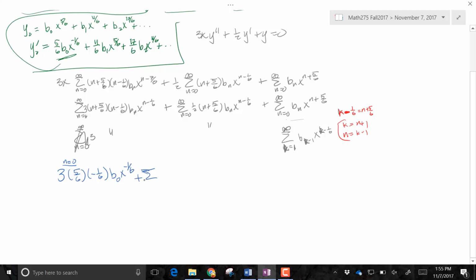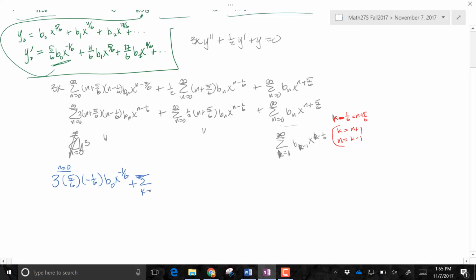Plus, I took the 0th term out, so now I'm going to start with k equals 1, and then it goes off to infinity, and then I'll just rewrite everything over with k's. Okay, so that's that first term right here.